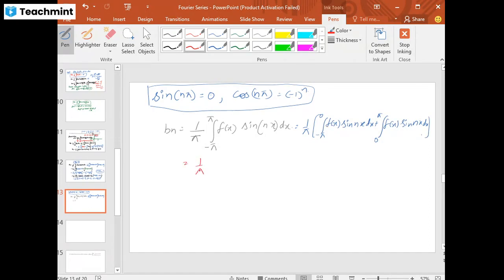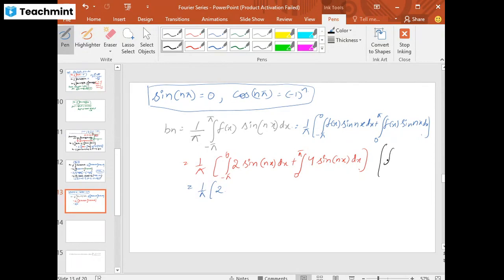So this is 1 upon pi, integral minus pi to 0, 2 times sine of nx dx, and in the interval 0 to pi its value is 4. So 4 times sine of nx dx. So 1 upon pi, this 2 is taken outside. Integral of sine nx.